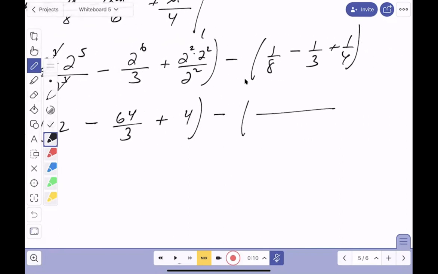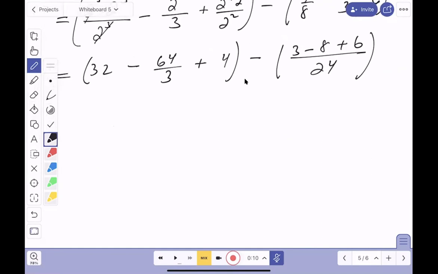It's, I guess, 24, right? And let's see, you get 3 minus 8 plus 6. Again, I'll do that arithmetic later. And what do you get over here? 32 and 4 is 36 minus 64/3 minus, this is 24, right? What would that give you? That would give you, let's see, 3 minus 8 is minus 5, 1/24.